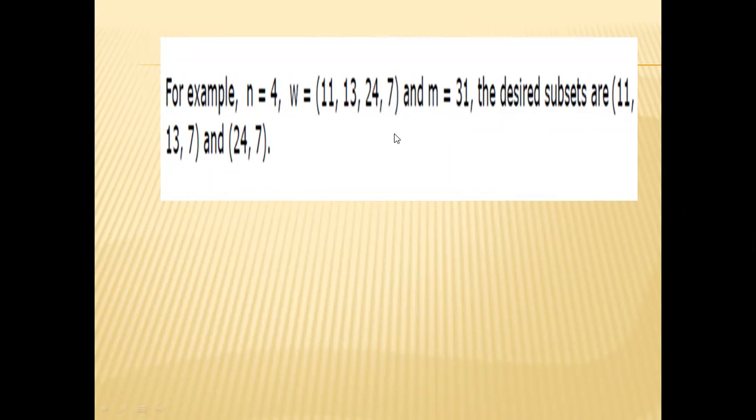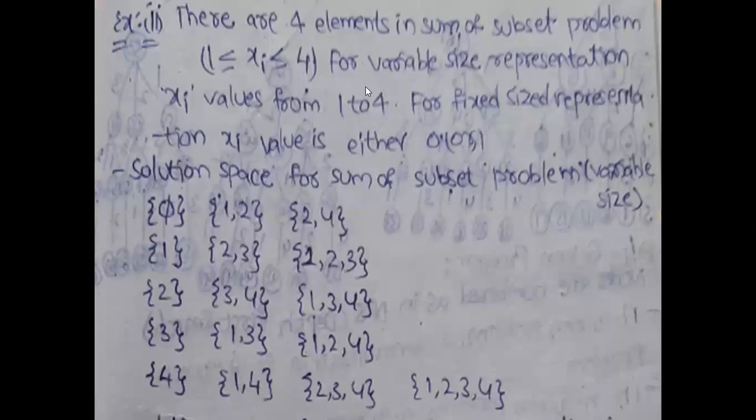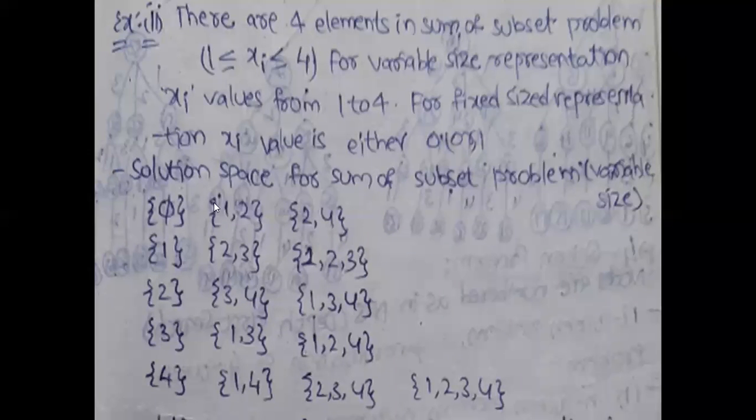In the sum of subset problem, suppose we have four elements, the number of subsets is 2 power 4, that is 16 subsets, including the null set, in variable size representation.